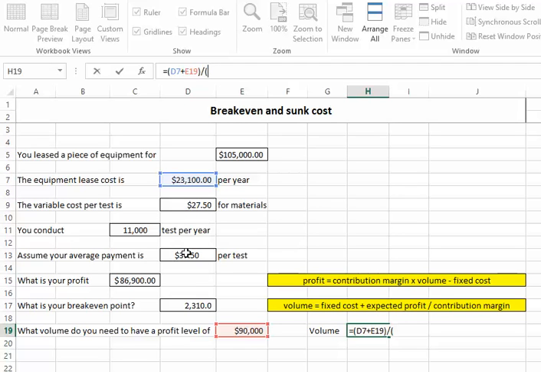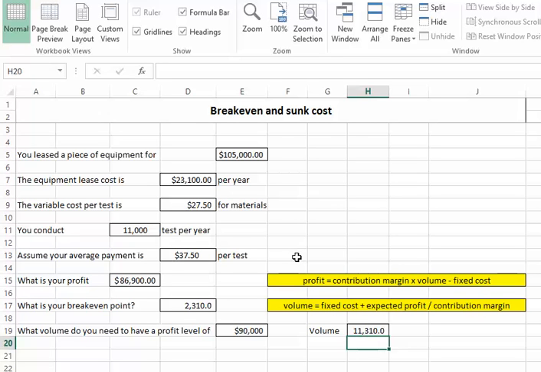So what is our contribution margin? It's our payment minus the variable cost. We close the parenthesis, and what this says is that we would need 11,310 units to have a profit of $90,000.